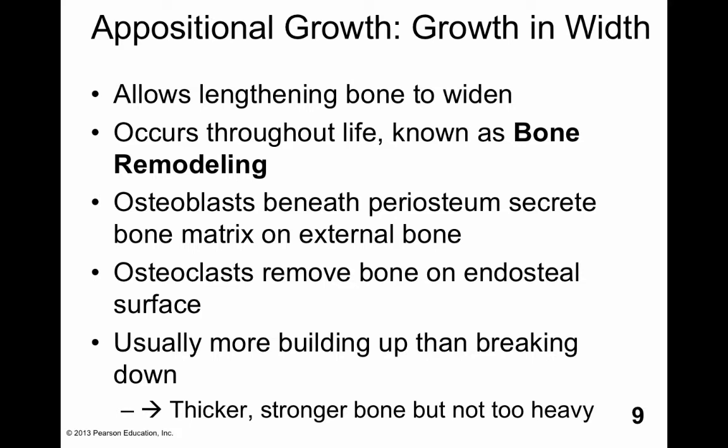Now, we don't want the bone to get too heavy. So as we're adding bone matrix to the outside of the bone, we have osteoclasts remove bone on the endosteal surface. This is the surface on the inside that lines the medullary cavity. There's usually more building up than breaking down, which leads to thicker, stronger bones, but we do need some breakdown because we do not want them to be too heavy, right?